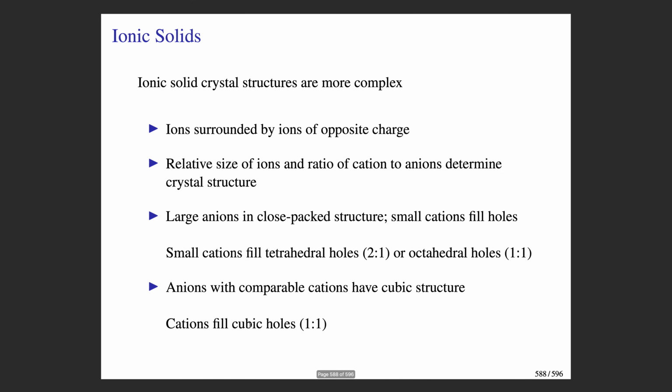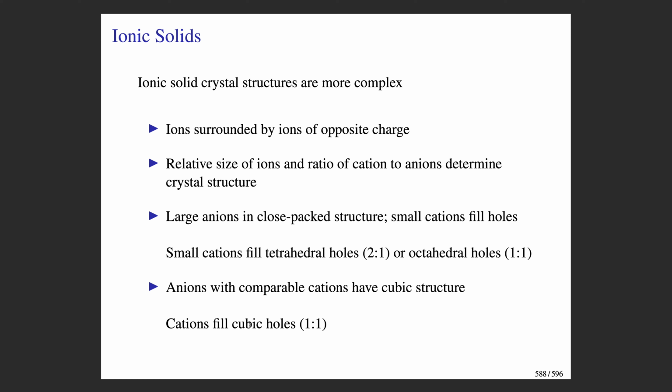We'll start talking about ionic solids, and really the only thing that I wanted you to take away from what follows is that ionic solids can be quite complicated. So the crystal structures are generally much more complex than they are for simple atomic solids, just because you have different types of ions that have different sizes.